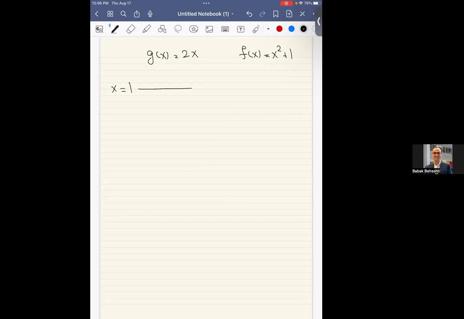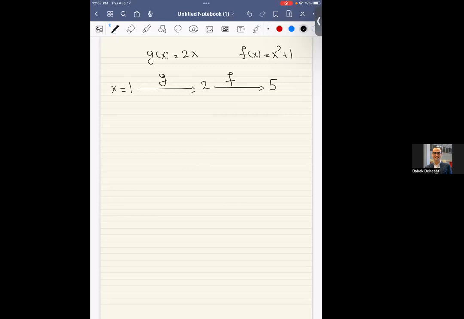Then if G acts on x equal to 1, 2 times 1 is 2. And then immediately F acts, F takes 2 to what? 5.